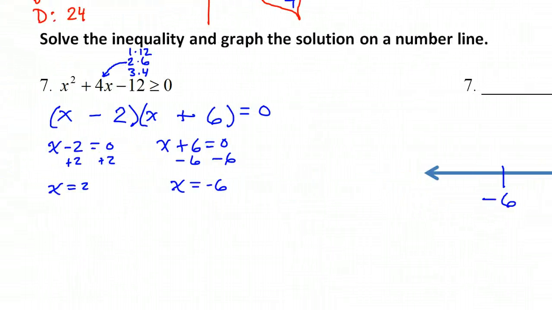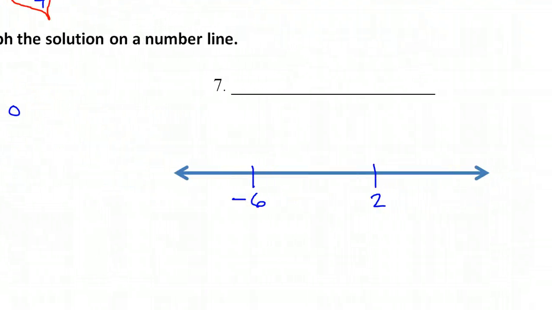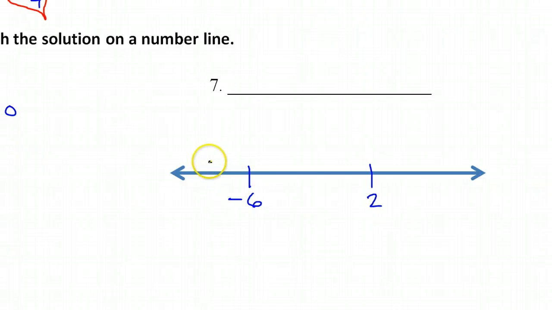Now, in reality, we're trying to find out where the function is greater than or equal to 0. So we're going to have to pick some test values, one in each one of these zones. We have a zone on the left, a zone in the middle, and a zone on the right.